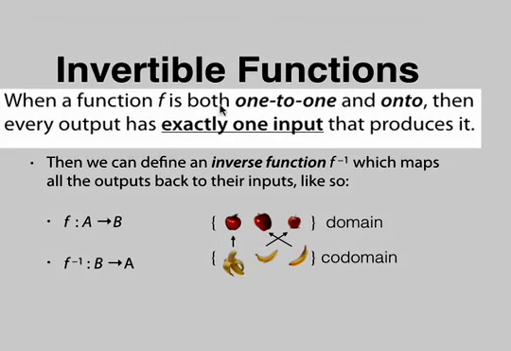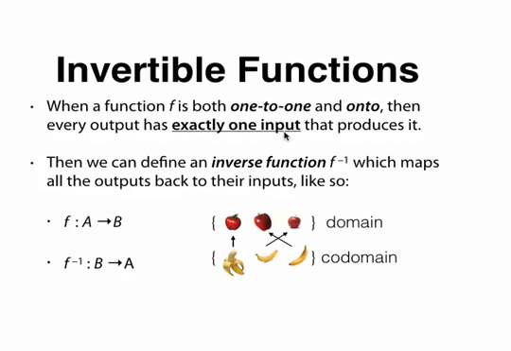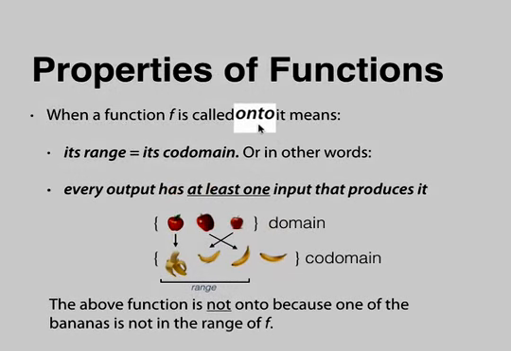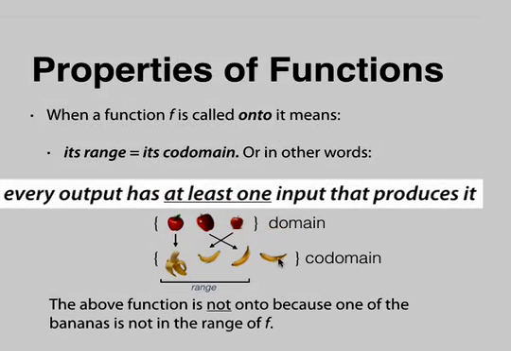When a function is both 1 to 1 and onto, has both those properties, then every output has exactly one input that produces it. Let's review why that is. If a function is onto, that means that every output has at least one input that produces it.